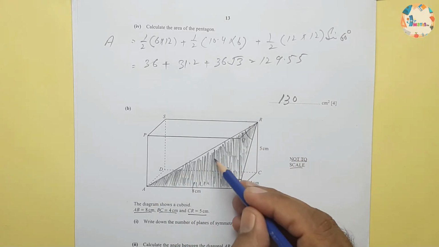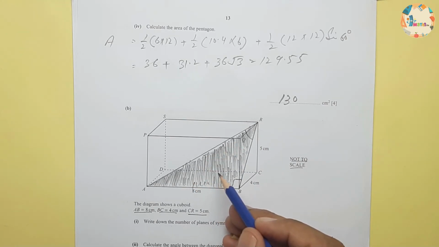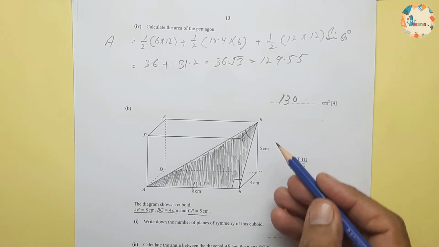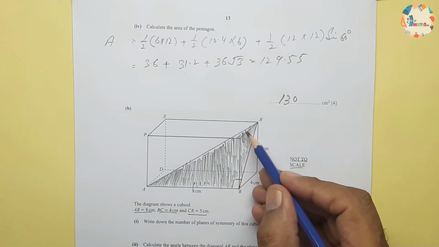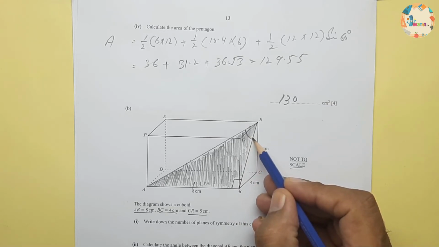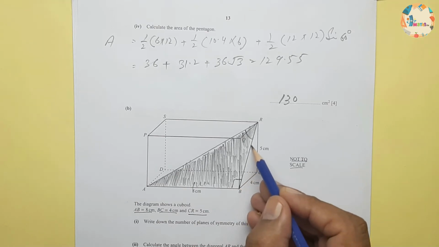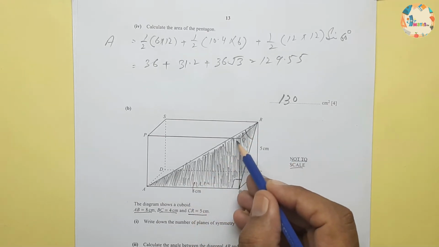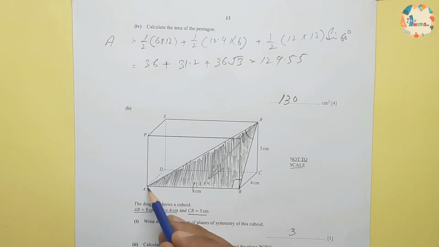Now this is the triangle. In this shaded triangle, we have this side as 8 and this angle is required. So this side, opposite to this angle, will be this one.